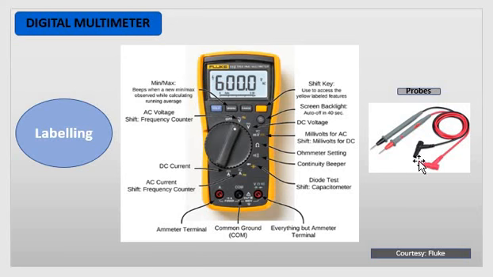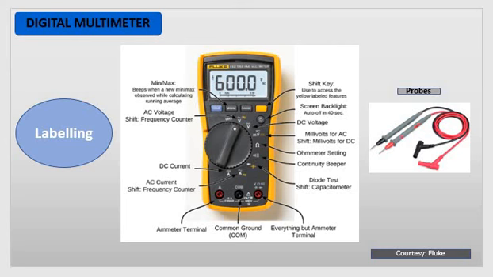Now these are the probes which are used to measure any electrical quantity. These ends are connected here according to our requirement, and these test probes are connected in the electrical circuit at the appropriate position to obtain the reading of any electrical parameter, that is voltage, current or resistance.